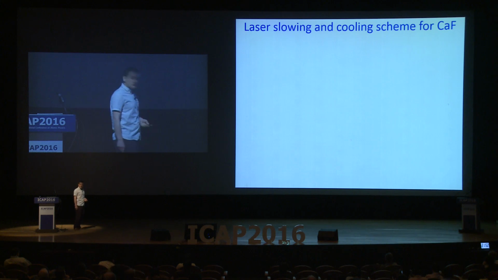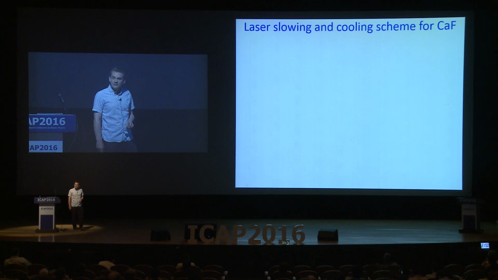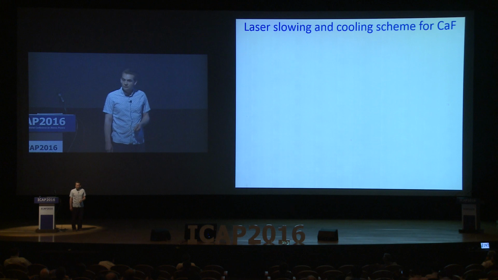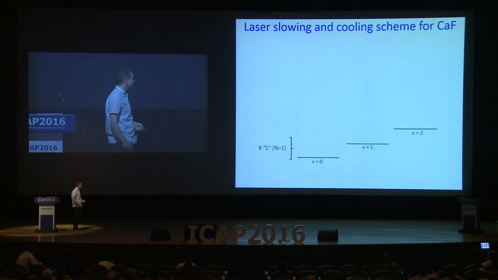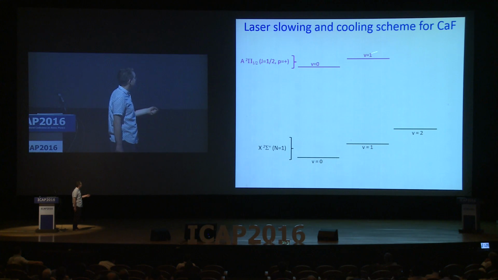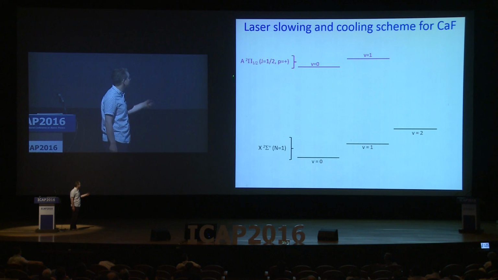The level structure of calcium fluoride is almost identical to the structure of strontium fluoride that we just heard about, and the laser cooling methods that we use are almost identical to the ones that Dave just explained in his talk. So here are the 3 lowest vibrational states in the ground electronic state of the molecule, the X state, and here the 2 lowest vibrational states in the first electronically excited state, the A state.